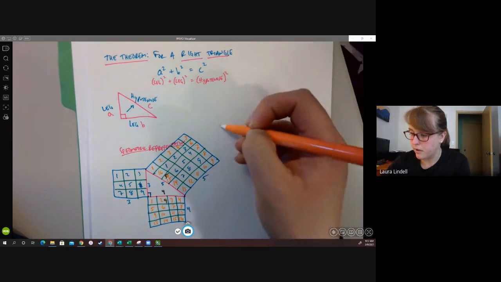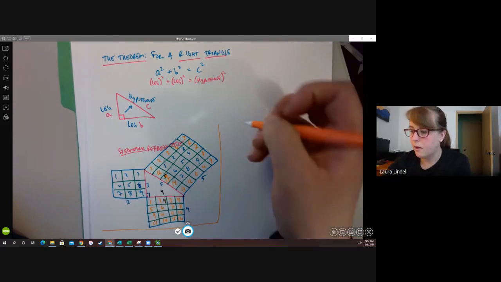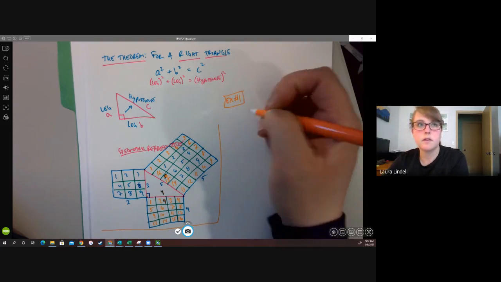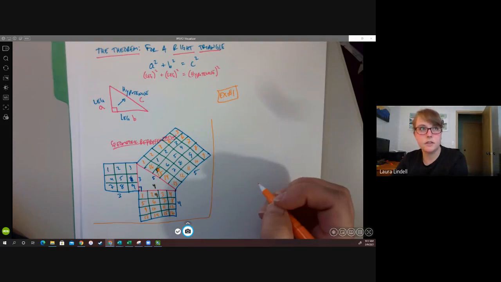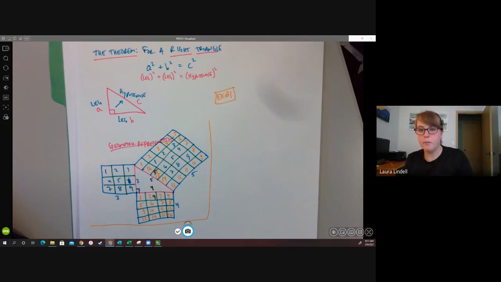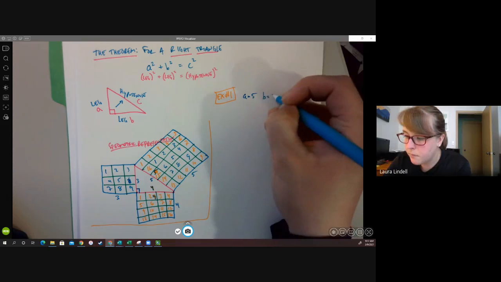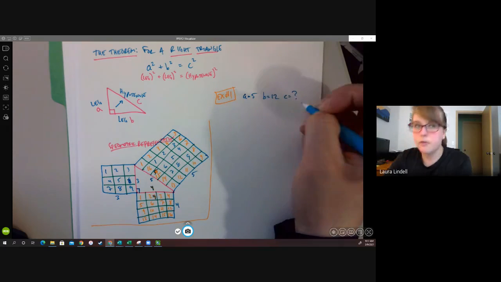So I'm going to put this off to the side, and we're going to do an example. Sometimes you'll be given a picture of a triangle and asked to solve for the missing side. Sometimes you'll just be given side lengths and asked to solve for a missing side. So for this first example, we're going to be given that A is 5, B is 12, and we don't know what C is.